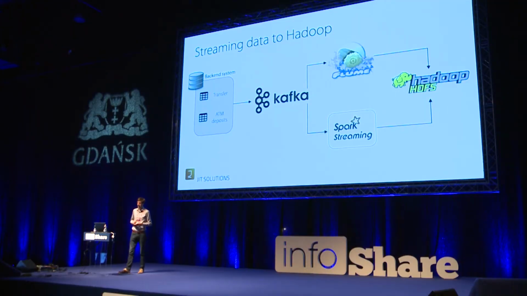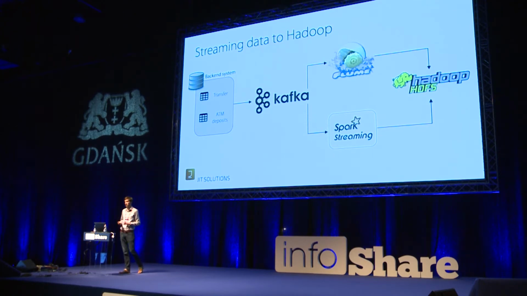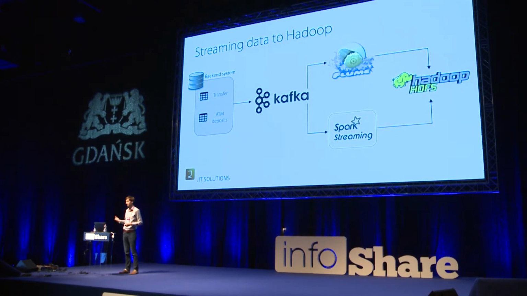However, if we would like to have some more complex processing of our streaming data, let's say we would like to filter out some records, do some transformations, conversion to a different format, or some purification of our incoming data, then for sure writing some code, probably in Scala in Spark Streaming, would be essential here.